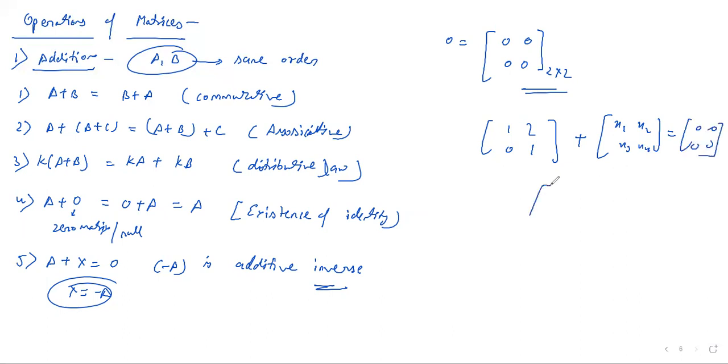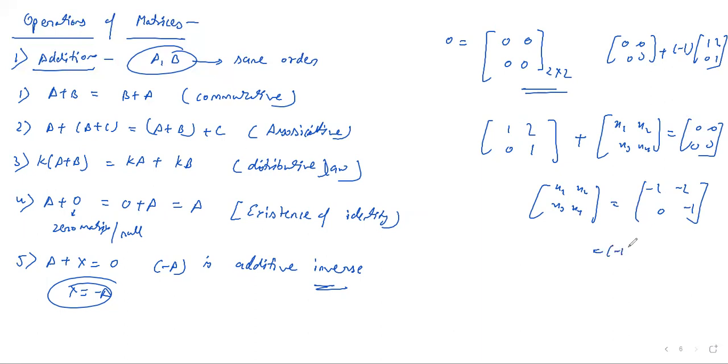If you find x1, x2, x3, x4, we didn't actually subtract, we just add this matrix to minus 1, 2, 0, 1, which gives minus 1, minus 2, 0, minus 1, and then I can write it as minus 1 of 1, 2, 0, 1, which is equal to minus 1 of A.